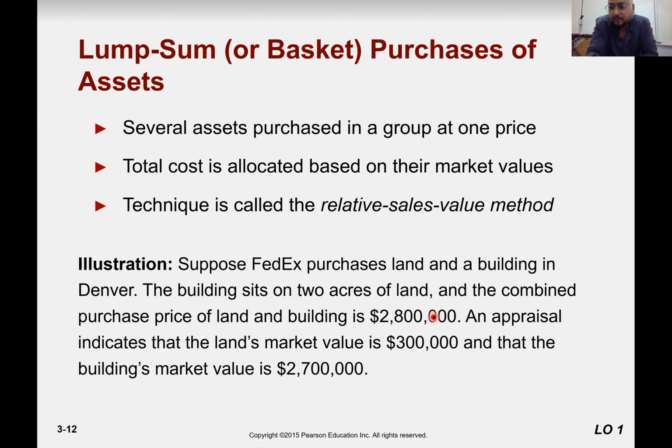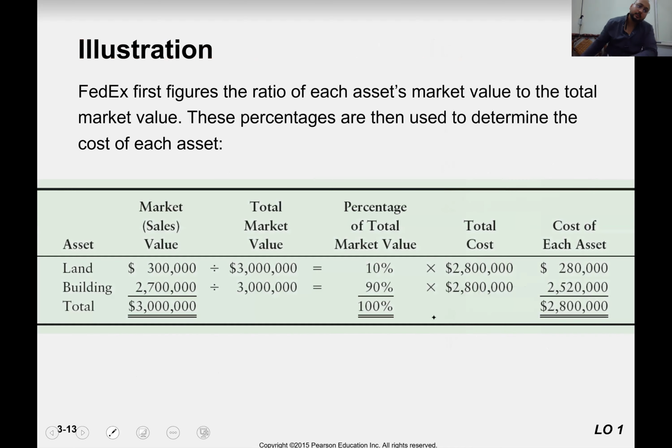So the relative sales value method says to make a weighted average. How are we going to do that? Simple. If we purchase them separately, we will be paying $3 million, right? So $300,000 is how much percentage of 3 million? 10%, right?